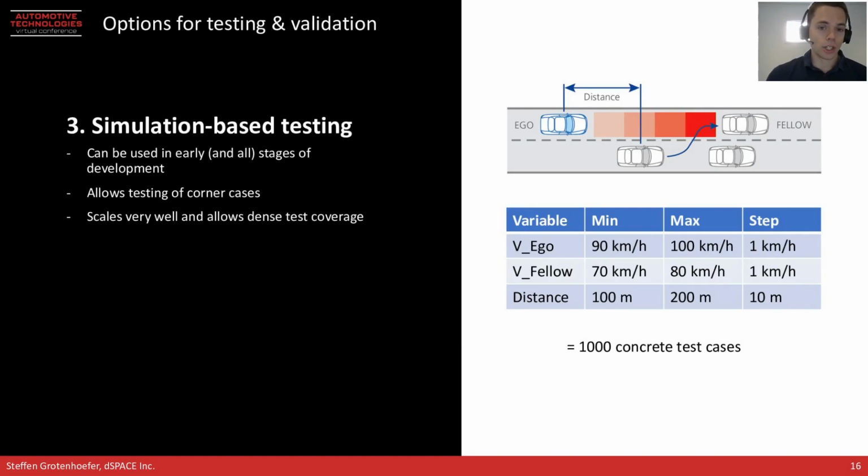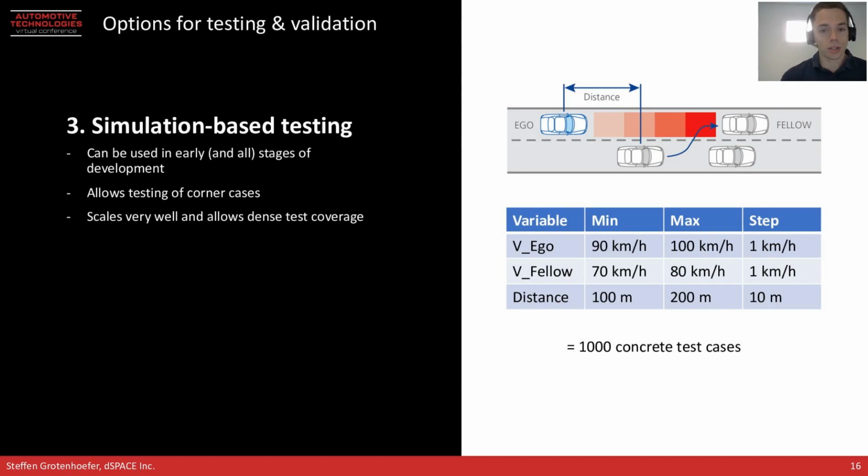Another benefit of simulation is that it scales very well. If you have a look at this simple example from the slide, we have a cut-in maneuver where the ego vehicle is driving on a lane and another vehicle is cutting into this lane. You can easily, from this logical test description, create thousands of concrete tests by creating different permutations, changing the ego speed, changing the speed of the fellow vehicle, or changing the distance where the cut-in is happening.